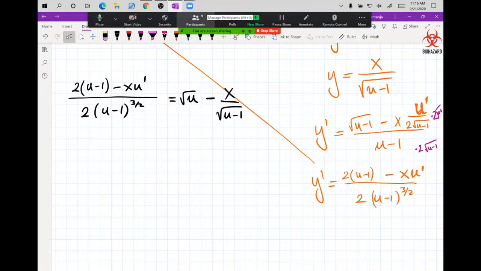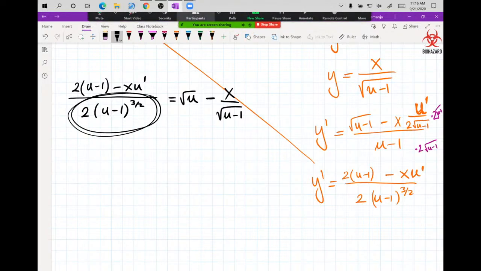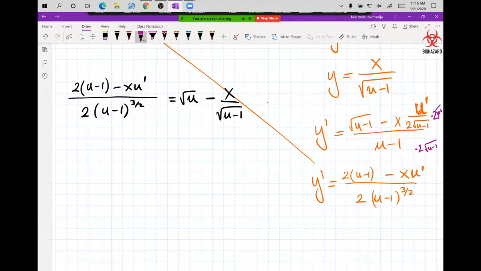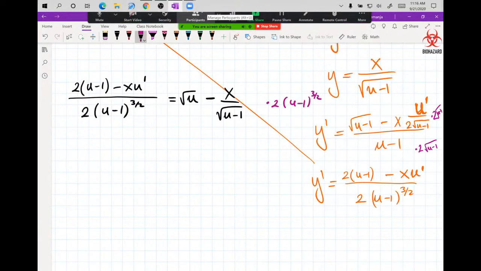Multiplying both sides by this, which is the common denominator, should actually kill all the fractions. I think so. So the entire problem times (2u minus 1) to the 3/2.